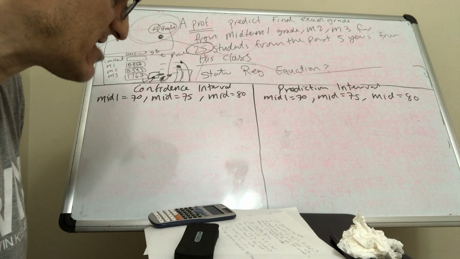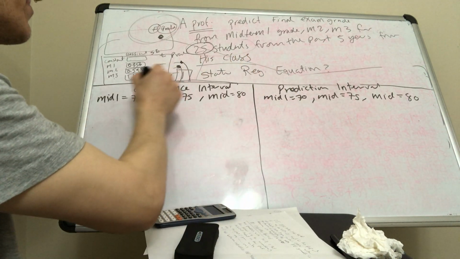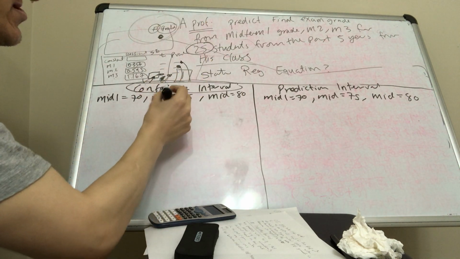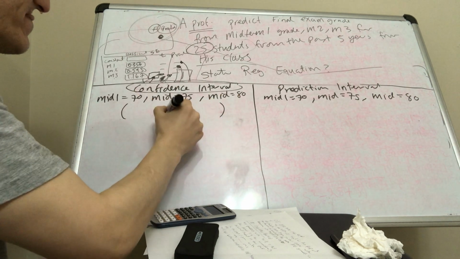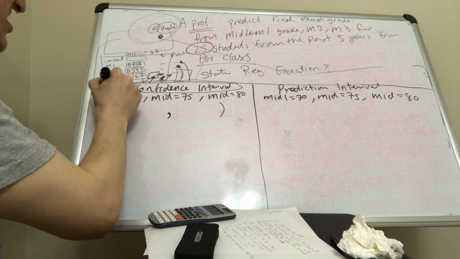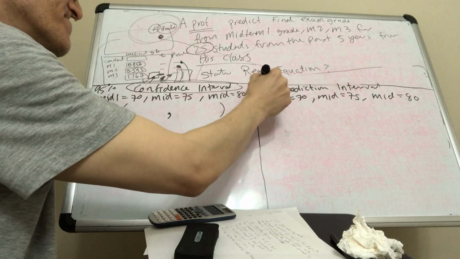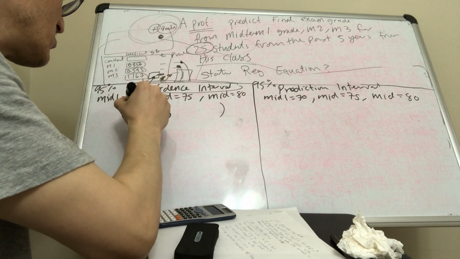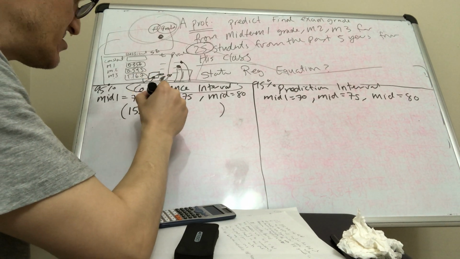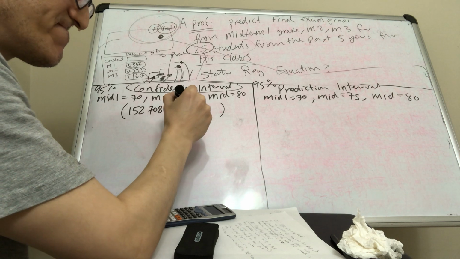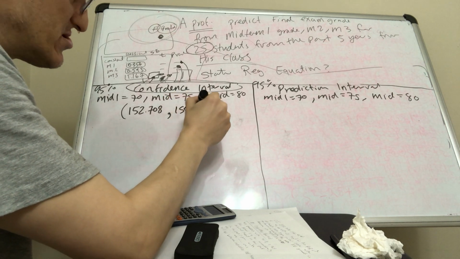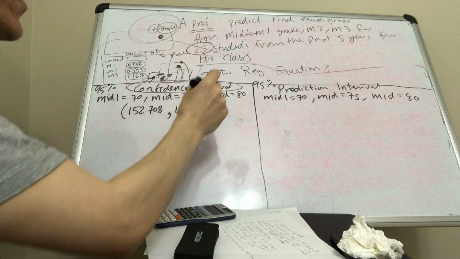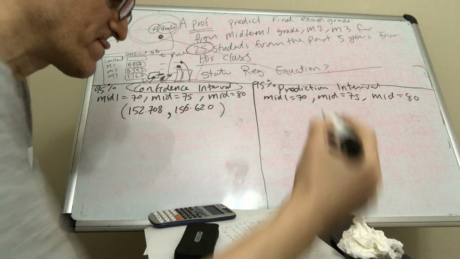You go to Minitab and you'll see a table with the confidence interval, both at 95%. The confidence interval is 152.708 to 156.620, and on top of it will say confidence interval.